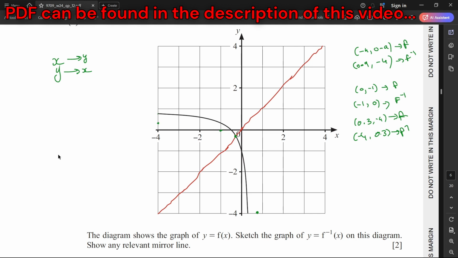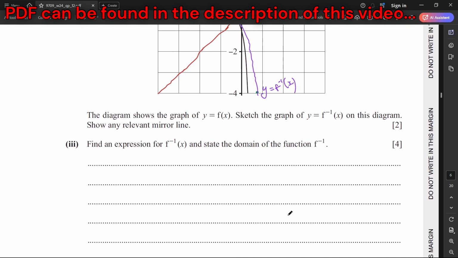I'll use a different color. Oops, I'll require a flat surface. Just a second. I'm trying to draw it as well as possible, but I hope you're getting the point. So that's the graph that we have got for y is equal to f inverse x.